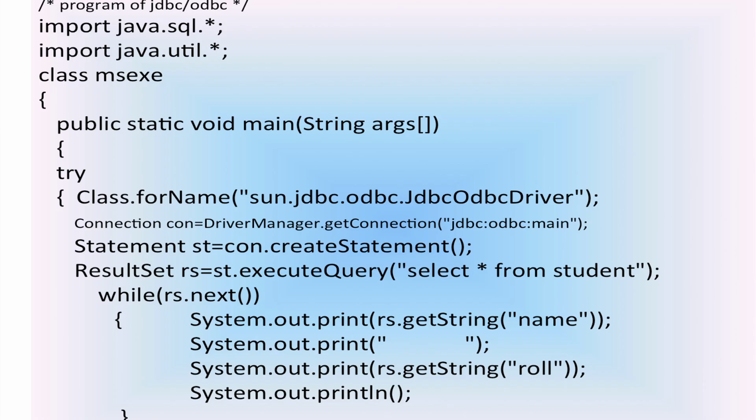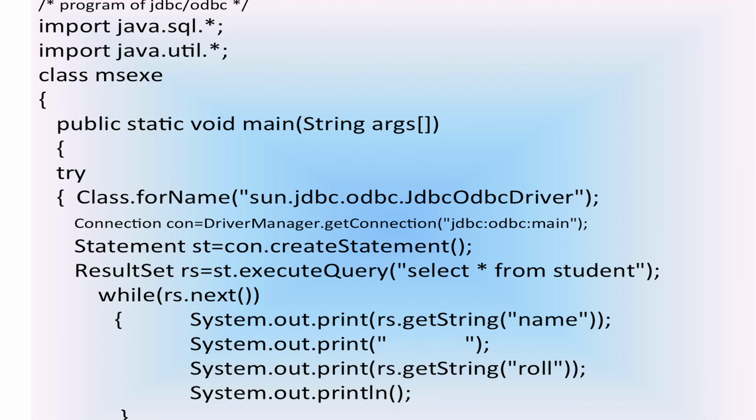So directly from this student table we are extracting values. We are writing executeQuery select * from student, and then a while loop, and this loop will run up to the number of records, equal to the number of rows in the file. Suppose the file has 5 rows, then it will execute 5 times, while rs.next. And System.out.println rs.getString name. First of all we are extracting name because name is a string type. Then we are extracting marks, which is an integer type.